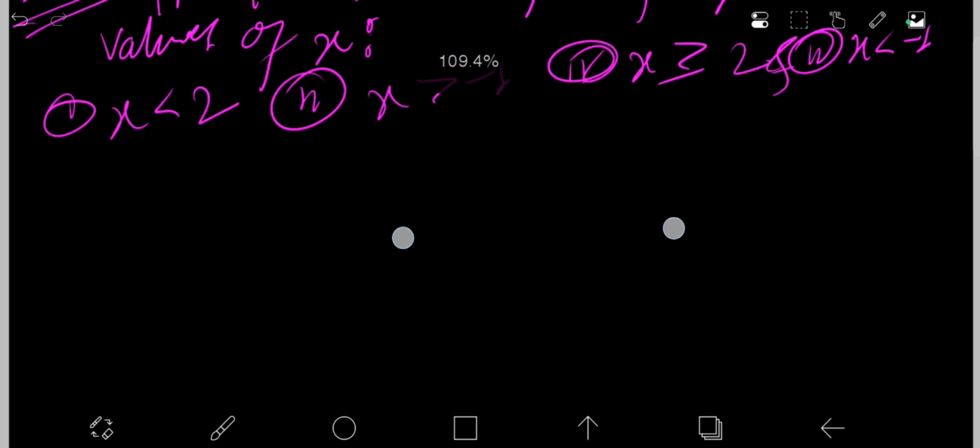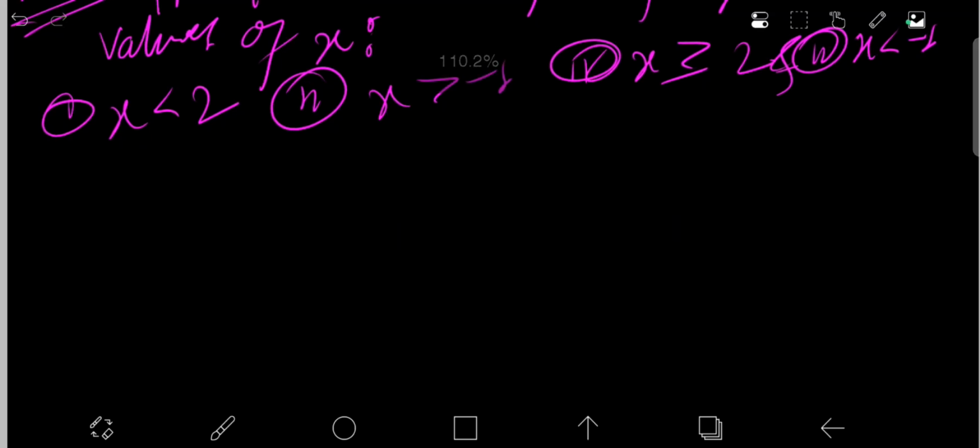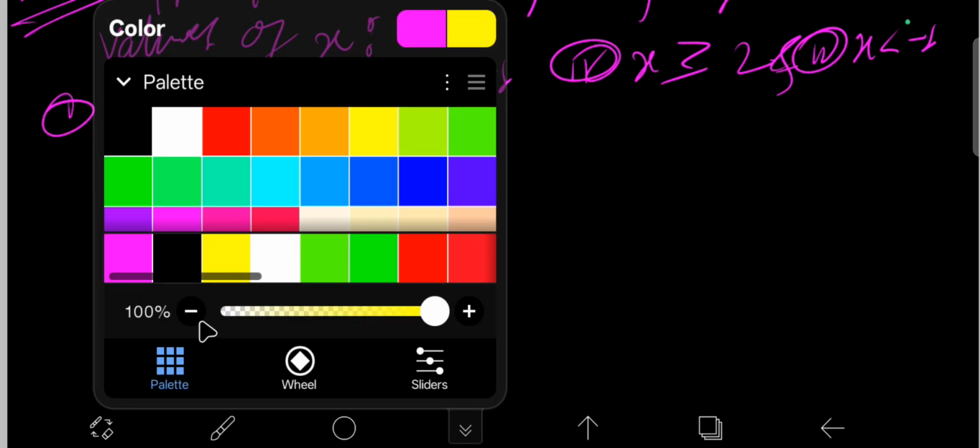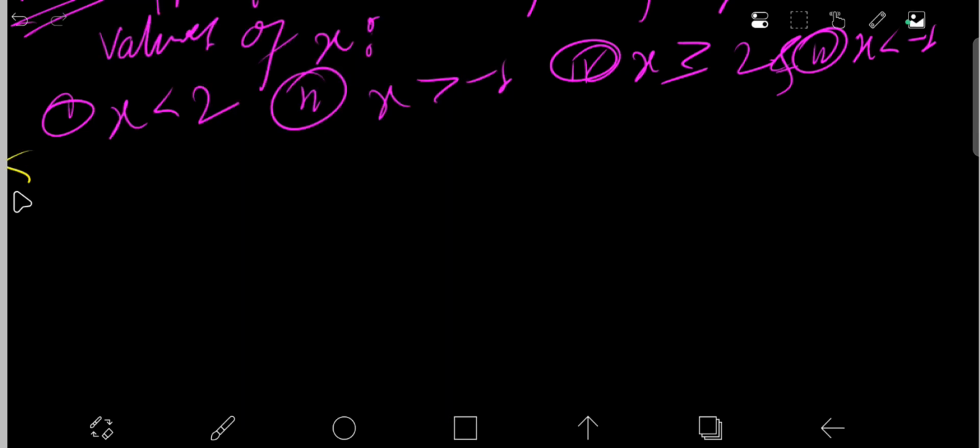So here we solve this type. In the solution, we write this when we take the first point. Just think about this.